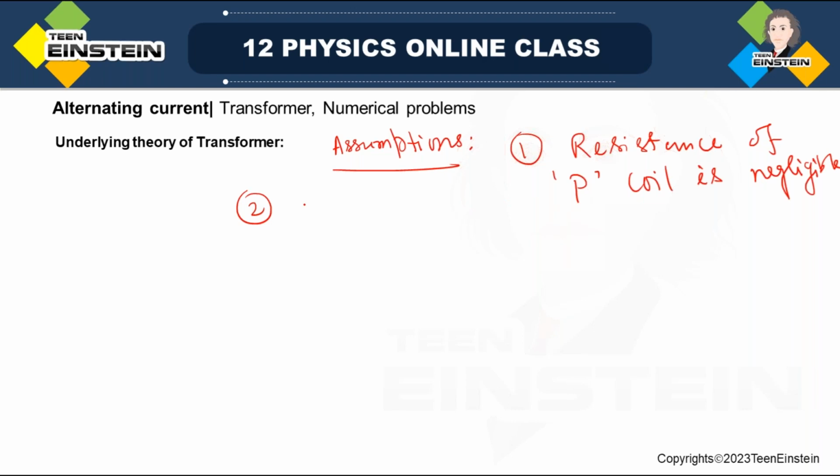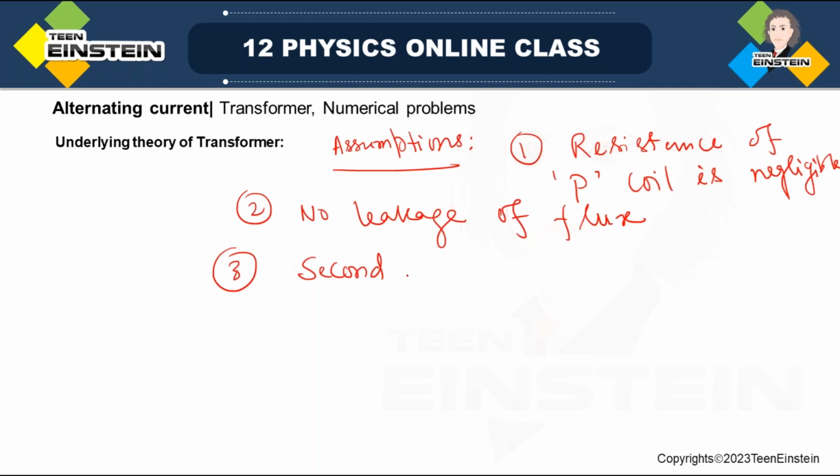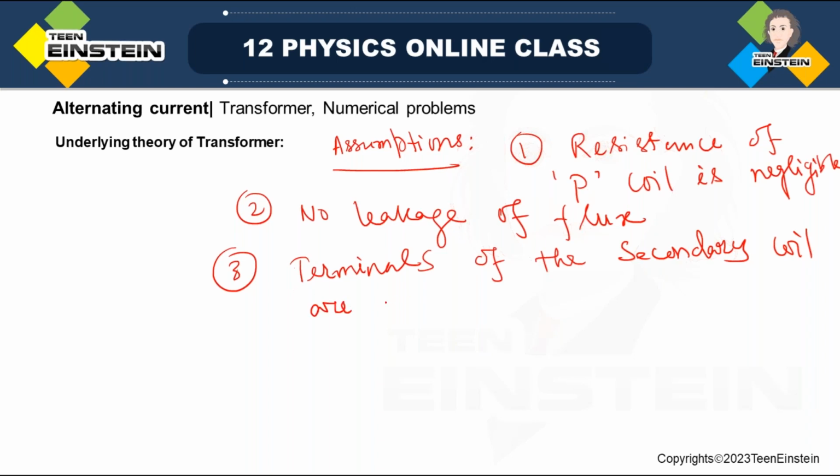The second one is no leakage of flux. And the third one is that the terminals of the secondary coil are open.